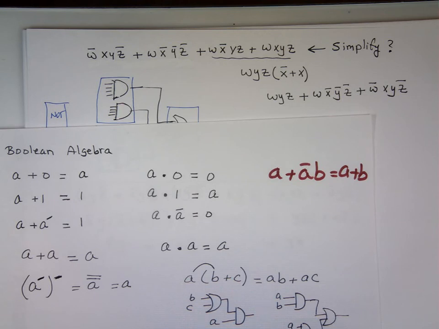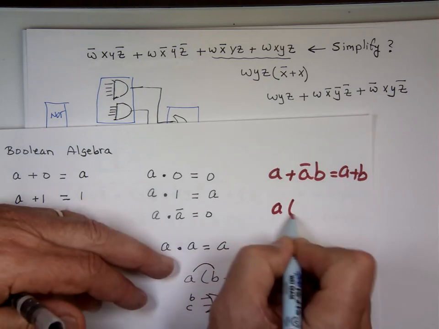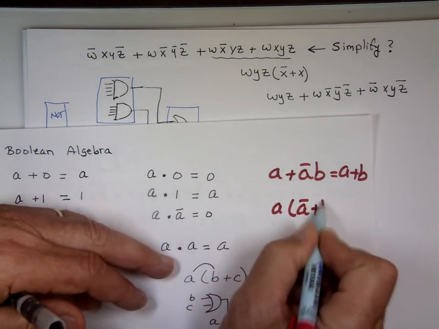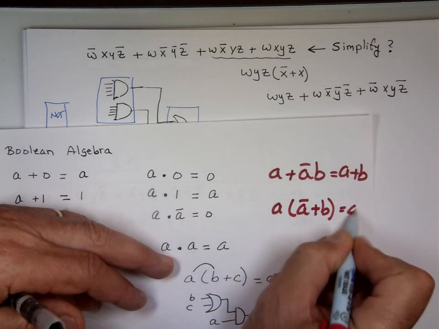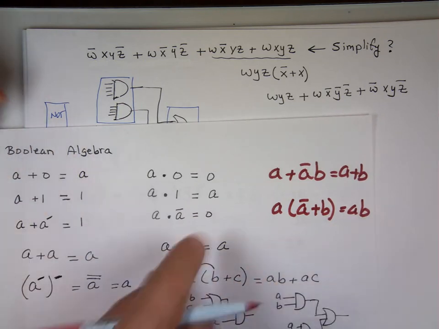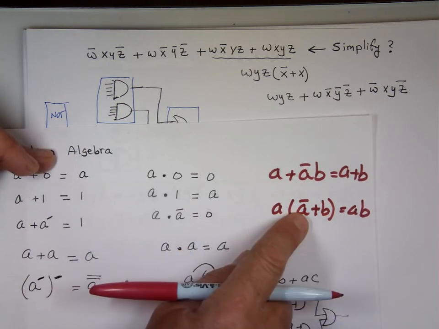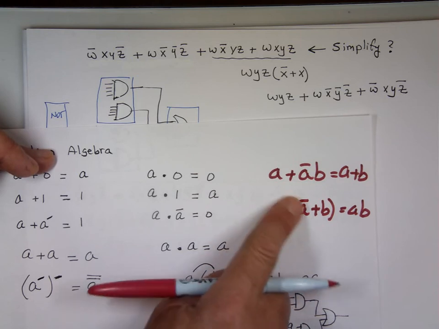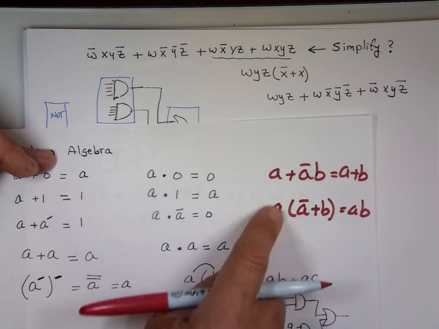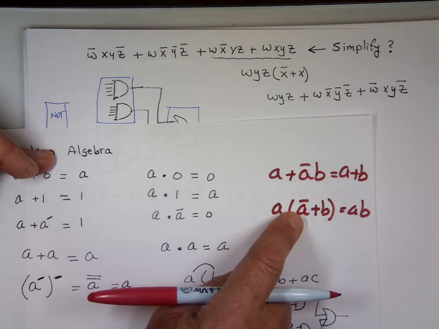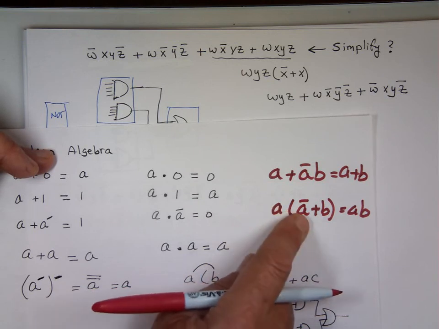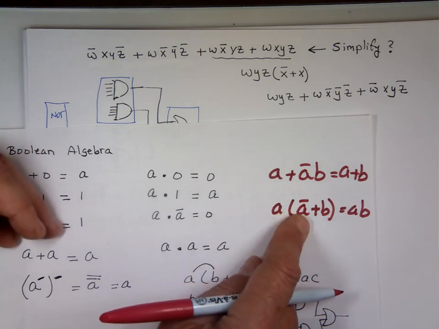And the other one, A, well, because if you distribute that one, what's A and A bar? You're multiplying A and A bar. 1 and 0. Bless you. 0 plus A times B. That's why it's AB.